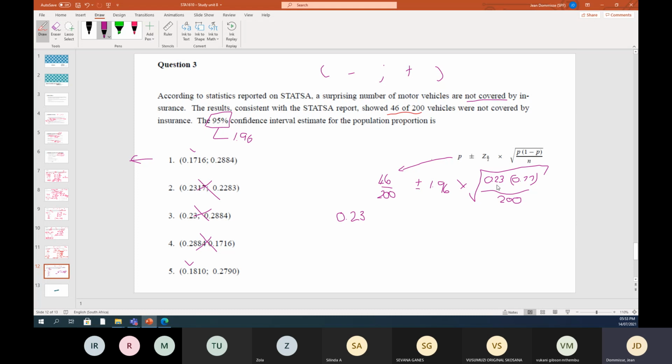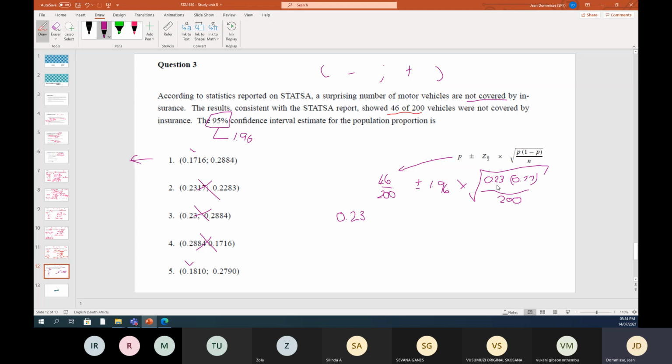So 0,23 times 0,77. I get 0,1771. I need to divide that by 200. So I get 0,00088855.